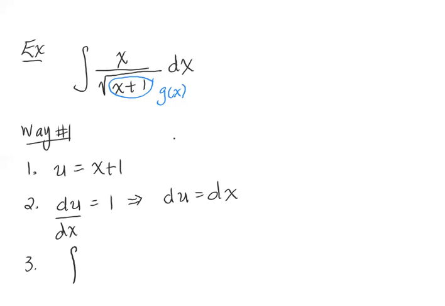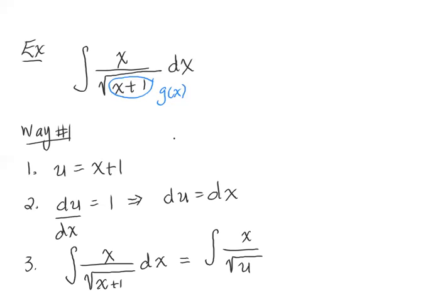The integral of x over the square root of x plus 1 dx is equal to the integral of x over, I called that denominator underneath the square root, I called u, and then dx, I called du.